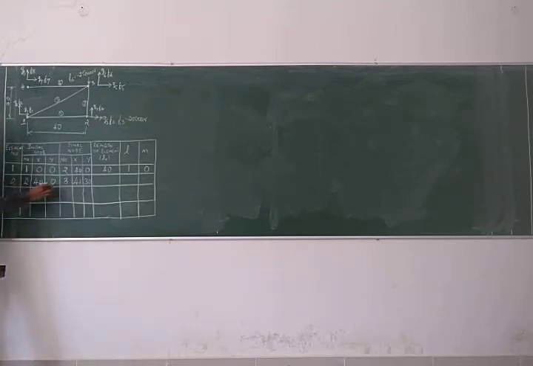Now length of the element: x2 minus x1 the whole square. So 40 minus 40 whole square plus 30 minus 0 whole square.